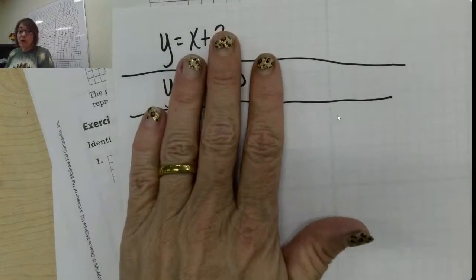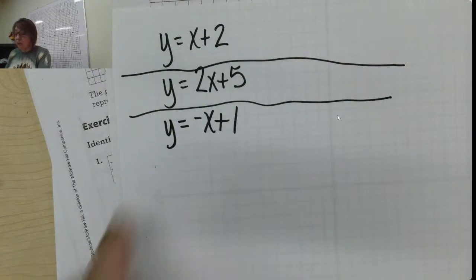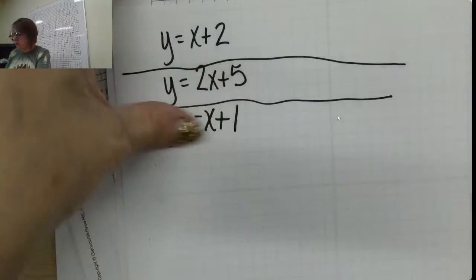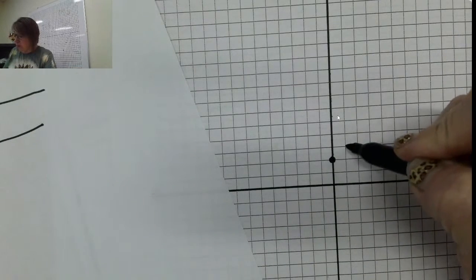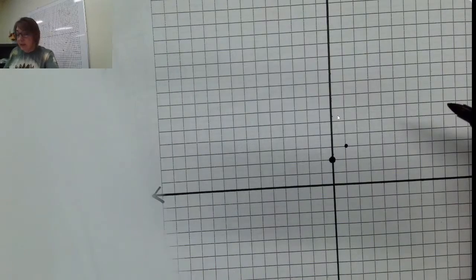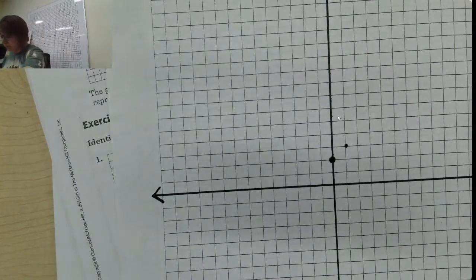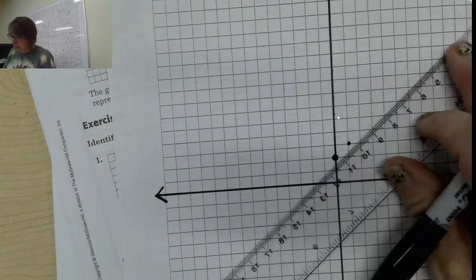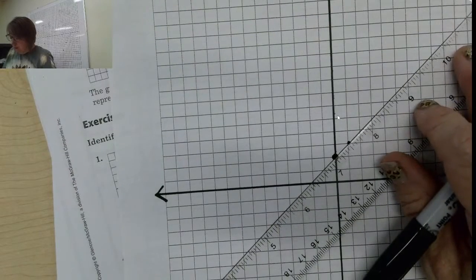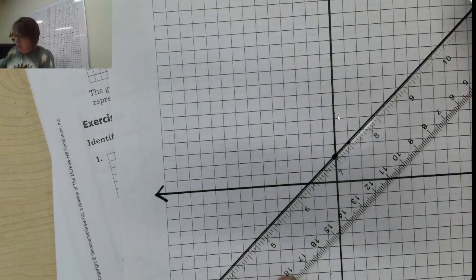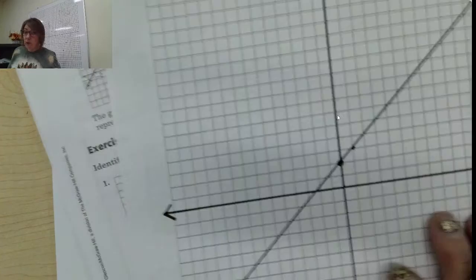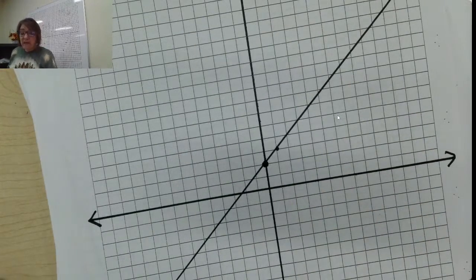If I were to graph these three functions, one is y equals x plus 2. So we would graph our y-intercept of 2, up 1 over 1 is our slope, right? And so this line would look like this, if we were talking about this whole line. And then we have y equals 2x plus 5.